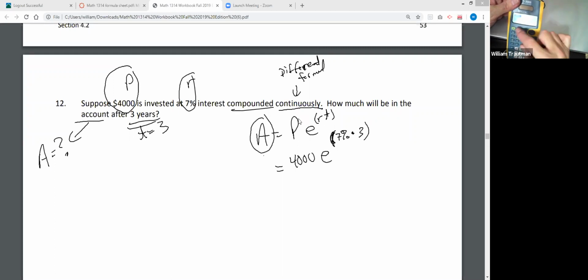Then we need that E button, second LN, parentheses, since we're in the power now. See, it already took us to the power. We don't have to raise it. Parentheses, 7% times 3. 3 years. Close that parentheses, and you should have it typed in like this on your calculator. And then just hit enter, and it tells you how much you'll have in the future.